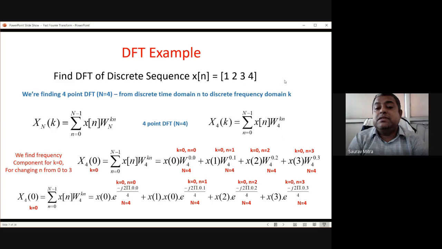So 1 2 3 4 0 0 0 0, and then you can apply the same process and calculate X0 up to X7. Any point I can give you, and I can ask you to find the 4-point DFT or 8-point DFT. If the input sequence does not have that length, you have to make it that length by padding zeros at the end.